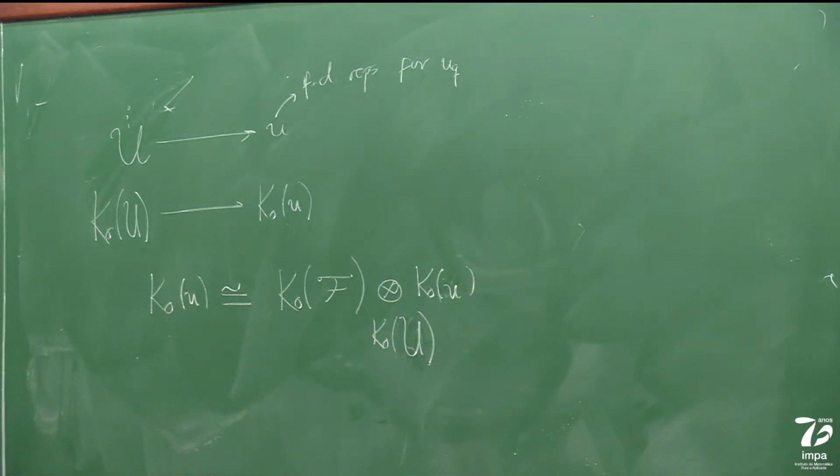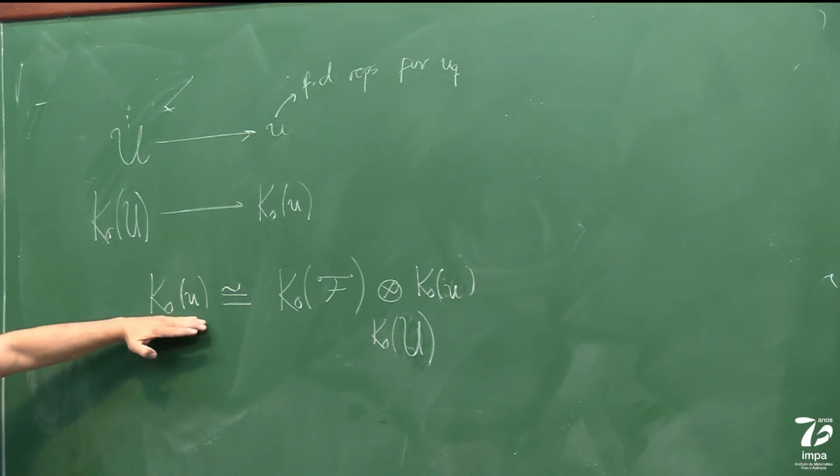This is something that she computes. It's possible to compute this kind of thing. I can put complex coefficients, tensoring just by complex number, but she proved this kind of equality.